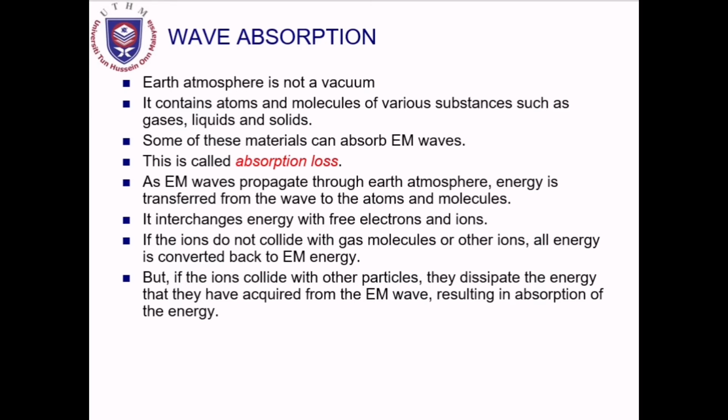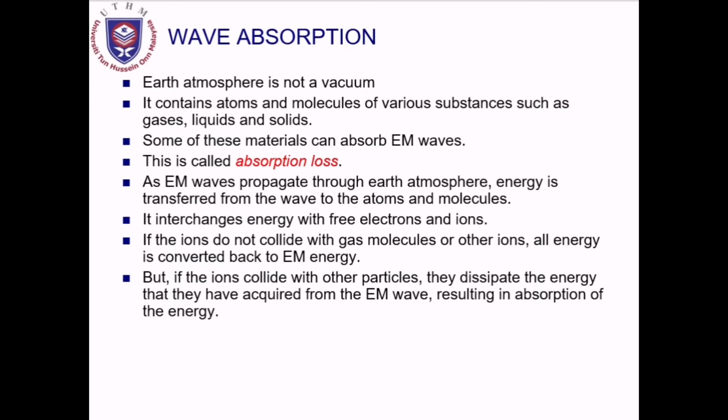Other than attenuation, we are also going to discuss wave absorption. The Earth's atmosphere is not a vacuum, so it contains atoms and molecules of various substances such as gas, liquid or solid. Some of this matter can absorb EM waves. This is called absorption loss.